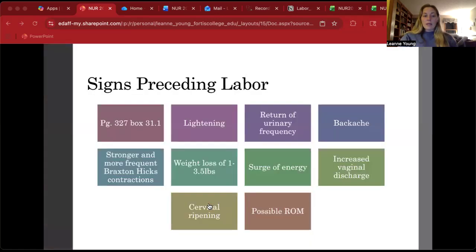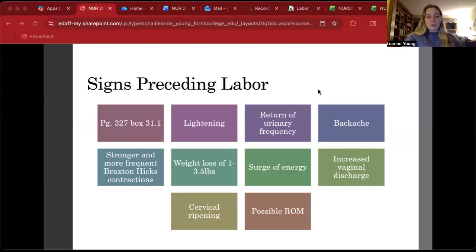Okay. Signs that can sometimes precede labor would be lightening, return of urinary frequency. If moms are experiencing a backache, that can sometimes lead to that. Stronger and more frequent Braxton Hicks contractions, a weight loss of 1 to 3.5 pounds. Sudden surges of energy can sometimes indicate that mom is going to go into labor.